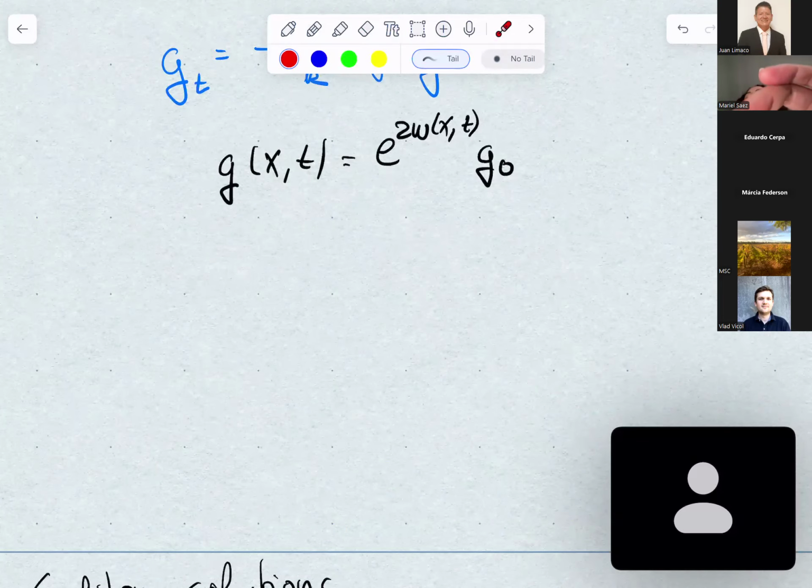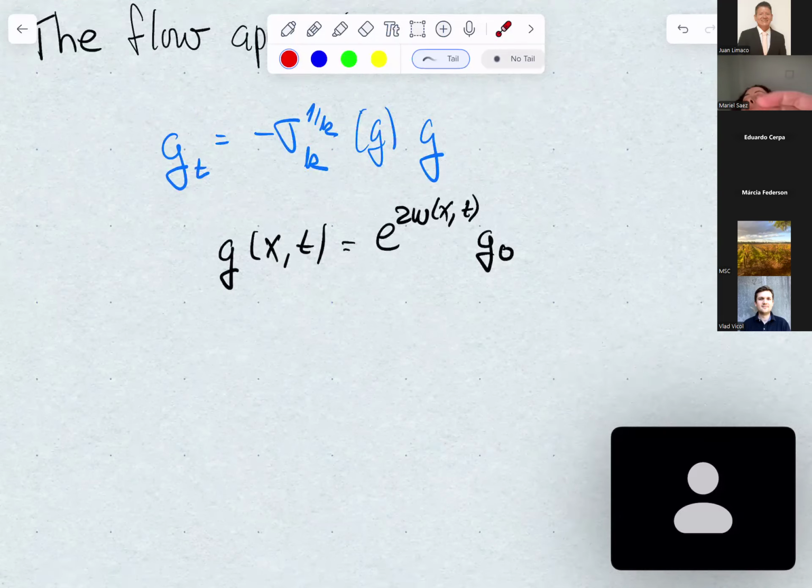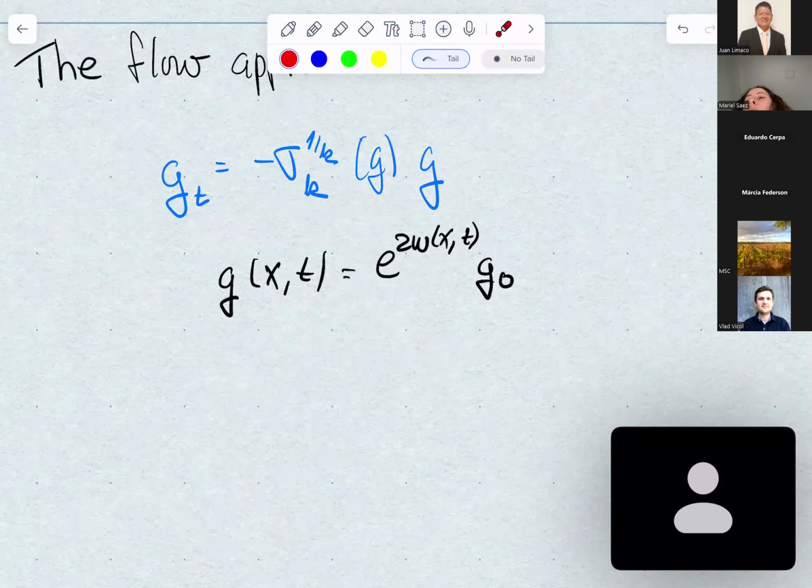Okay, so we want to look at solutions of this geometric flow. As I said, it's quite nonlinear and it's hard to treat. Still, some people have looked at similar geometric flows.